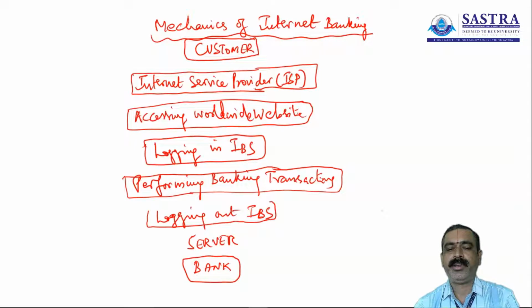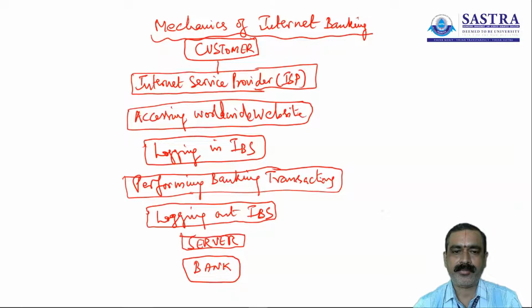Once completed, he may come out using logging out of IBS, and the server helps with all the connectivity. So customer, then internet service provider, worldwide site, login, performance, logout, server help from the bank.